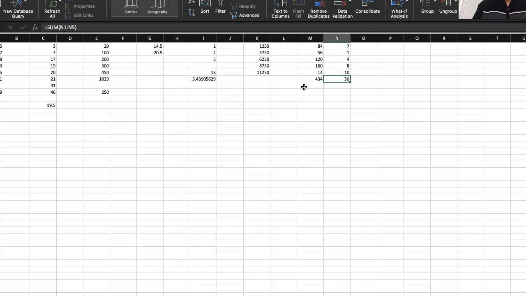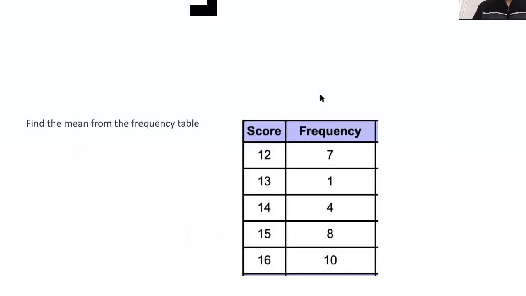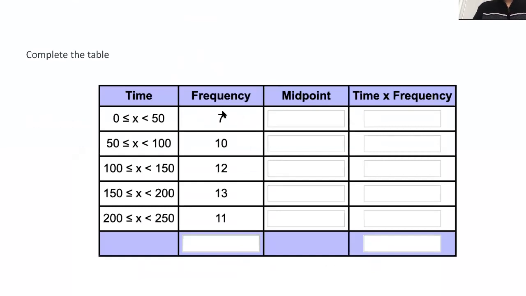Now that I've found this, I can take the frequencies times the class and divide it by the total number of frequencies, and I get 14.466 as my answer.